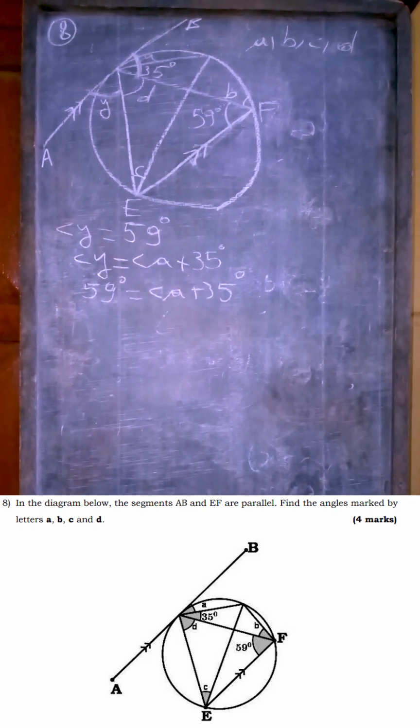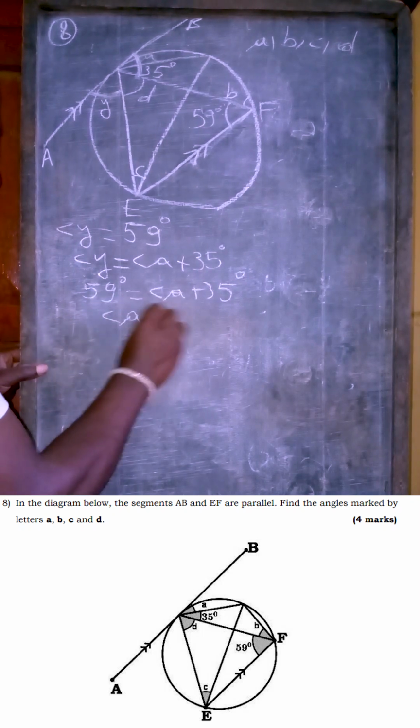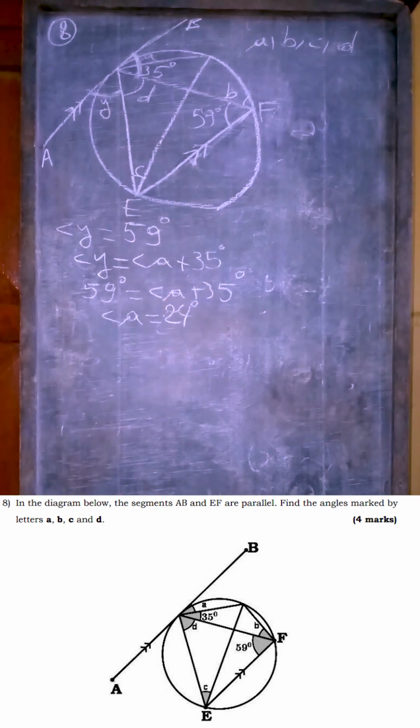And then by solving to find the value of A, 59 minus 35 degrees is equal to 24. Means the angle A is equal to 24 degrees. Angle A is already obtained.